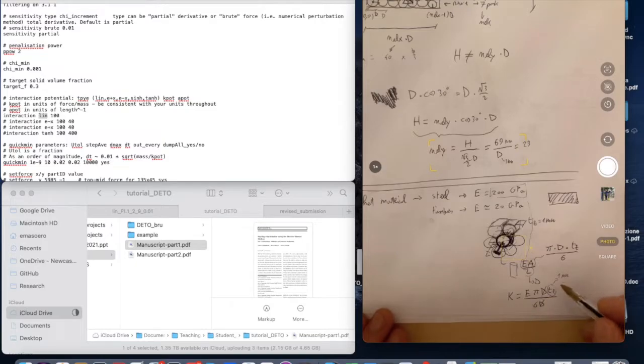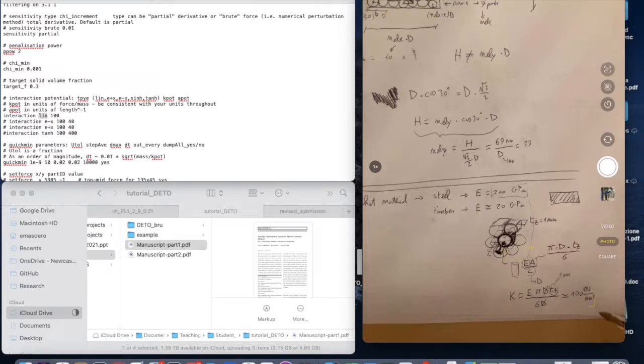And then if you work this out, if we say that E is still 200 gigapascal, and pi over 6 is roughly 1/2, this is more or less equal to 100. What units? Well, E is in gigapascal, which is kilonewton per square millimeter. So 2 times 1 over 2, it's roughly 100 kilonewton per square millimeter, times 1 millimeter, so dimensionally it goes kilonewton per millimeter.